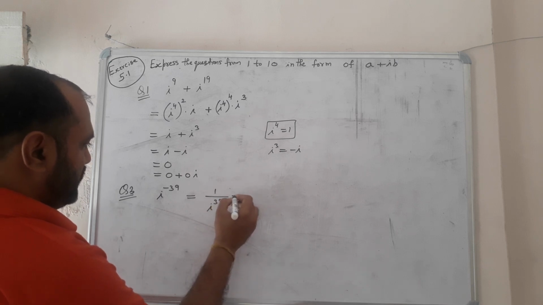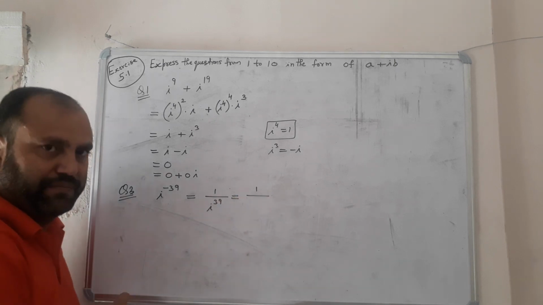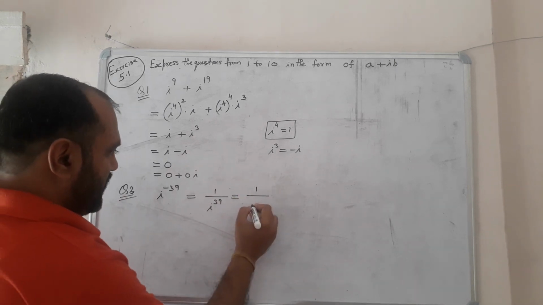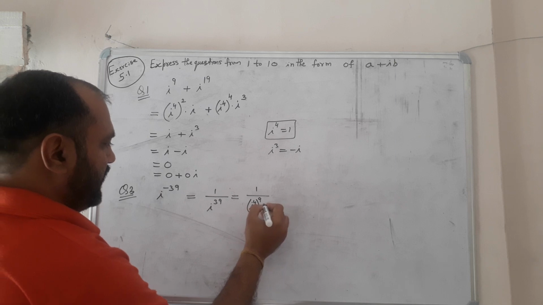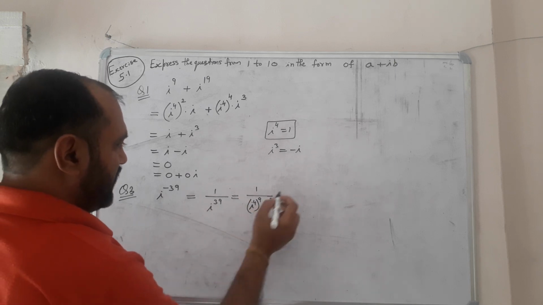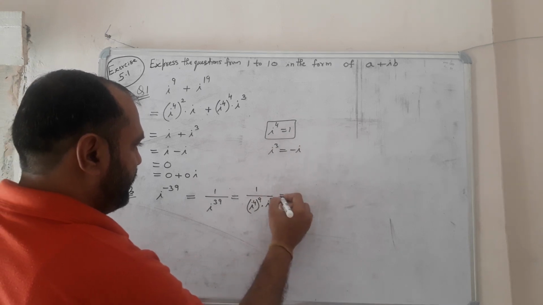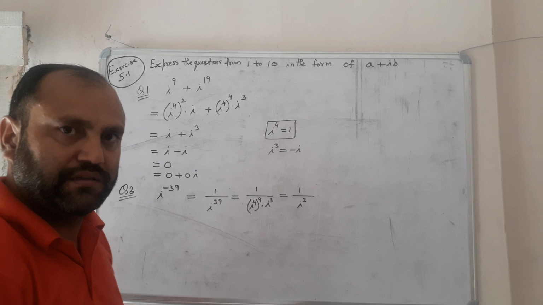This iota raised to the power 39 can be broken as iota raised to the power 4, raised to the power 9, into iota raised to the power 3. This iota raised to the power 4 is 1, so we get 1 upon iota raised to the power 3.